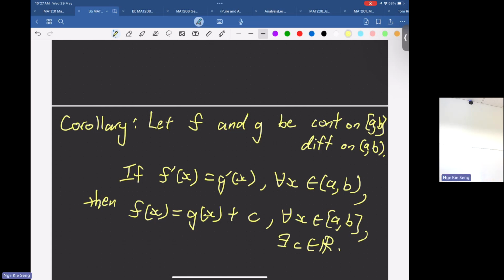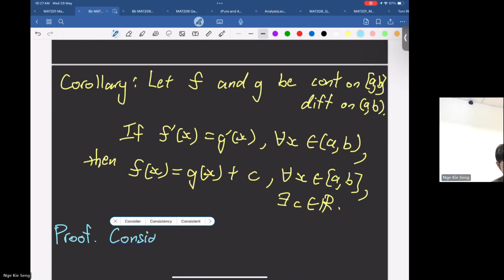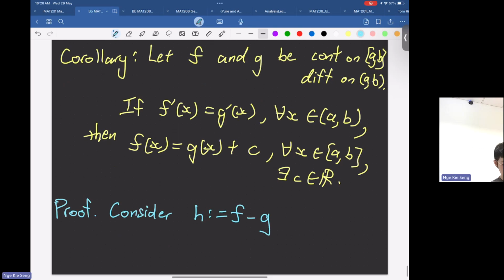How does it follow from the previous theorem? You just consider the function h to be f minus g. And then h prime x is f prime x minus g prime x. They are equal, so this is 0.